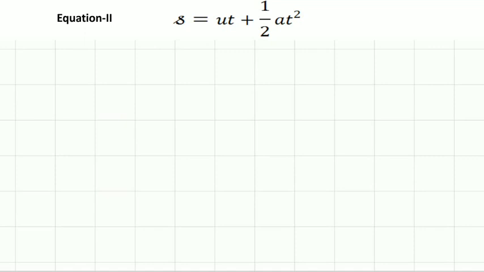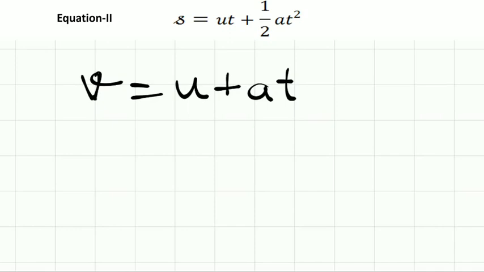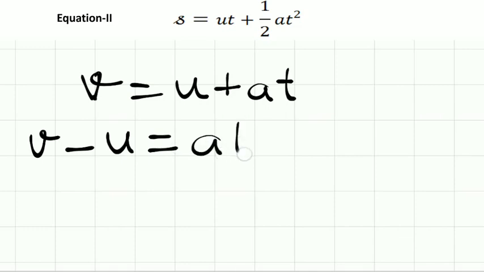Now we need to prove the second equation, which is s is equal to ut plus half at square. Let's watch here. As we have proved the first equation of motion, which is v is equal to u plus at, we can also write it like v minus u is equal to at.